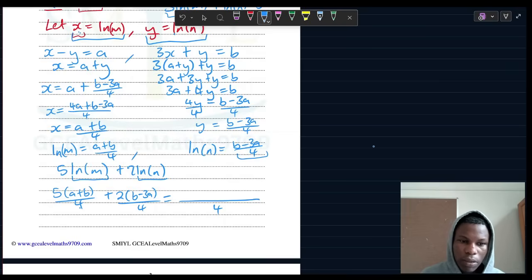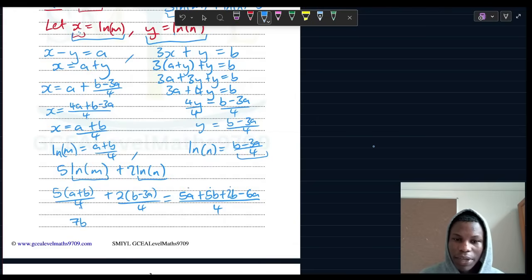And then I'm going to multiply through this first bracket. So 5 times a, that's 5a. 5 times b, that's 5b. 2 times b, that's 2b. 2 times minus 3a, that's minus 6a. And so if we simplify like terms, we get that 5b plus 2b gives us 7b.